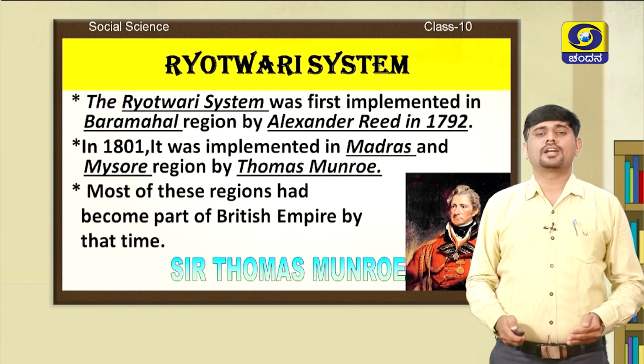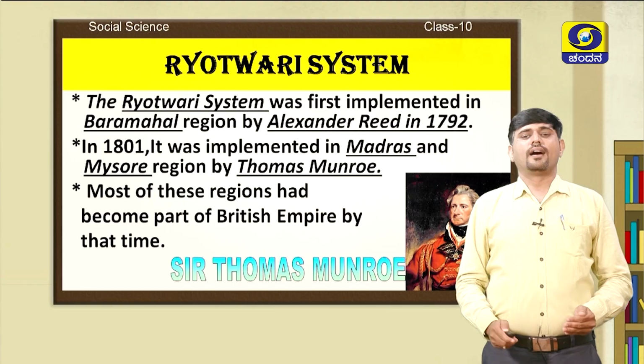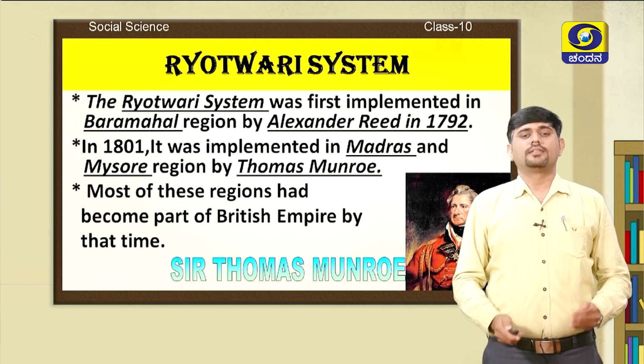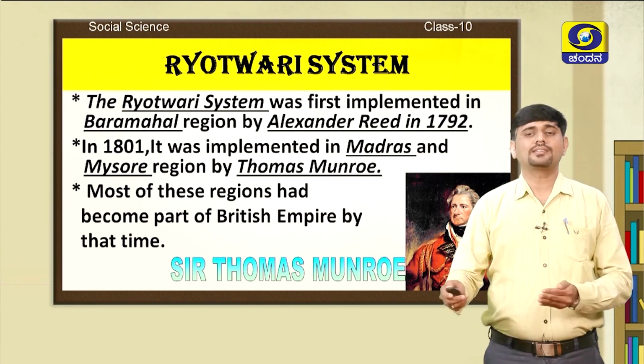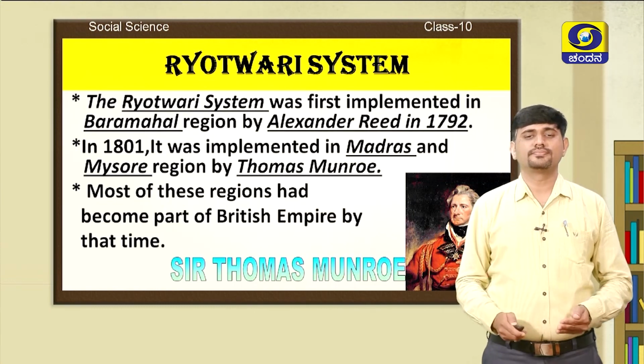Followed by the Mahalwari system, let us learn about the Rayatwari system, children. The Rayatwari system was first implemented in the Baramahal region by Alexander Read in 1792. Later, in the year 1801, this system was implemented in the Madras and Mysore regions by Sir Thomas Munro.